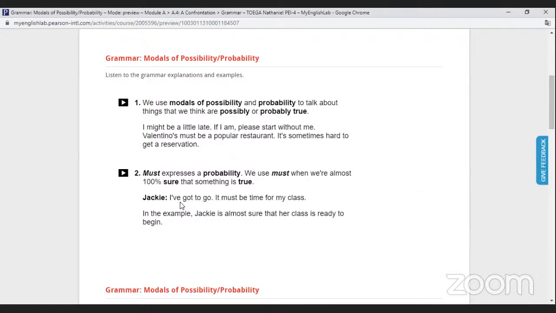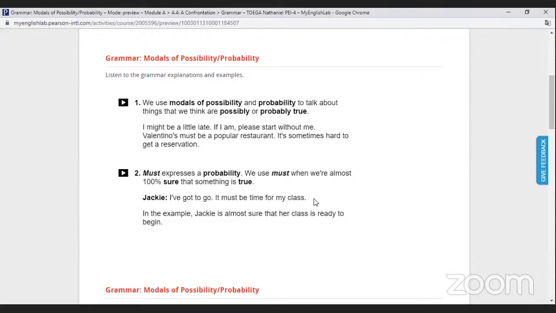Okay, in the second part, must expresses a probability. We use must when we are almost 100% sure that something is true. Can you read please the example, Nathaniel? I've got to go. It must be time for my class. Exactly.